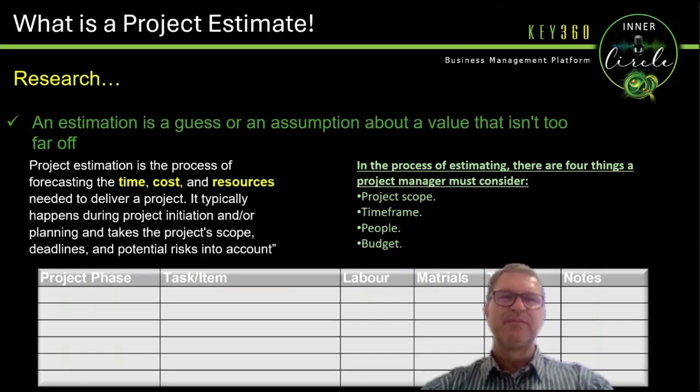We don't know in the beginning exactly what things are going to cost, because if you look at the definition of a project, it is something that we haven't done before. It's something brand new that we're going to do, and we're going to apply some principles to try and be as successful as possible in executing this project.